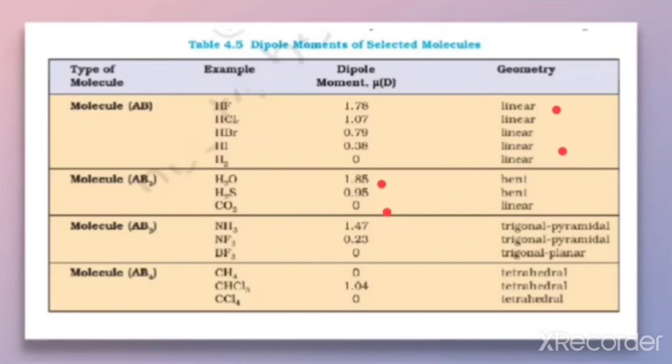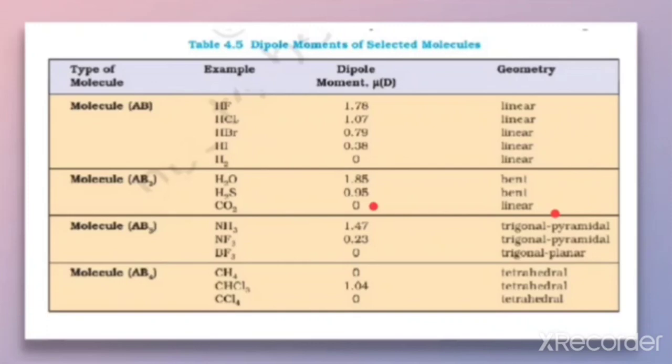If it is equal to 0, as in the case of carbon dioxide, what it shows is that the structure is linear. Why? Because when it has a linear structure, both bond dipoles get cancelled because both will be in the opposite direction.